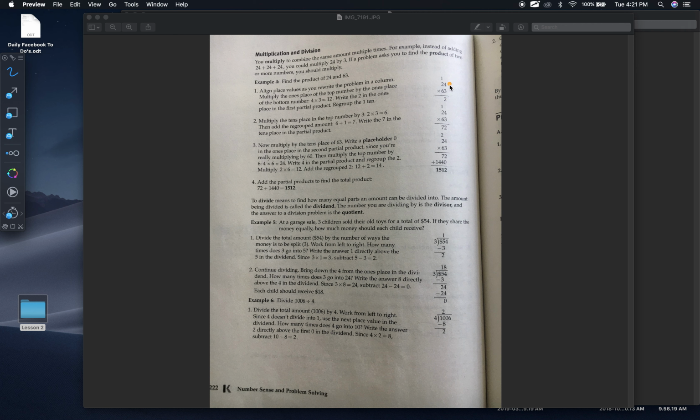Now you do 3 times 2, or 2 times 3, is 6. Be careful with the carried number: you're just adding 1, not multiplying with it. So 3 times 2 is 6, plus 1 is 7, which puts 7 right there, which is what they did right here, 72.